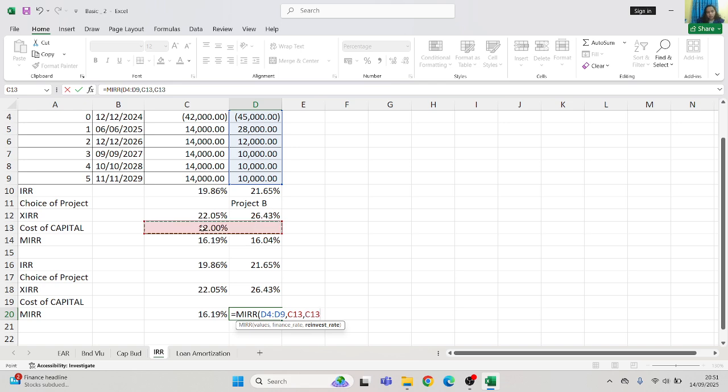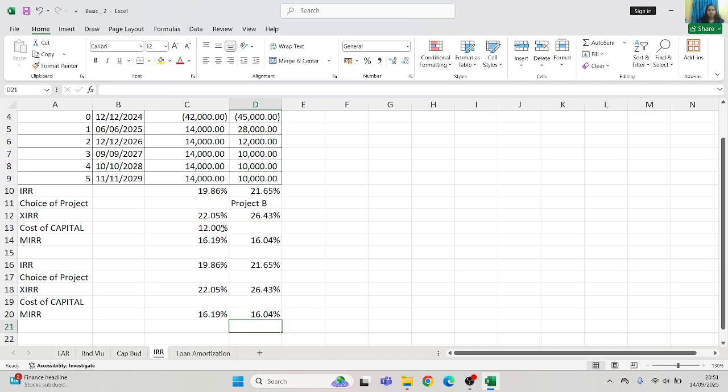Reinvest rate means cost of capital. Then we close our bracket, then we press enter to get the value of project B. For project B, MIRR is 16.04%.